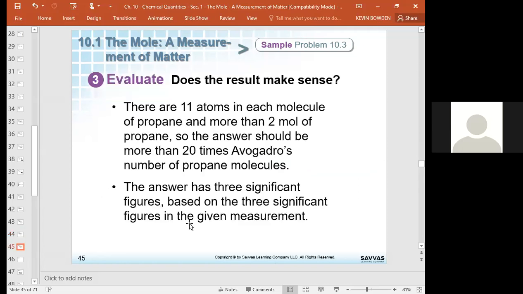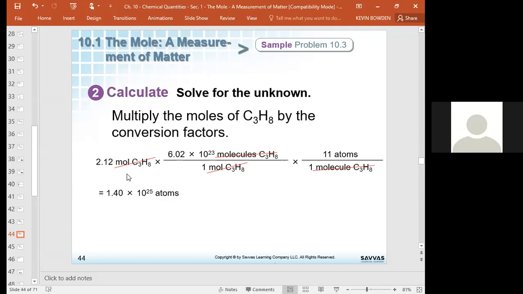All right, now there are 11 atoms again, and our answer per sig figs, we had 3 all the way along, and now you might say, but Mr. Bowden, 1 and 1 and 11, those aren't 3 significant figures. Those are exact numbers. By definition, it's exactly 11.0000 atoms in propane, or else it's not propane. Exact numbers that are defined don't need to have a certain number of visible digits.